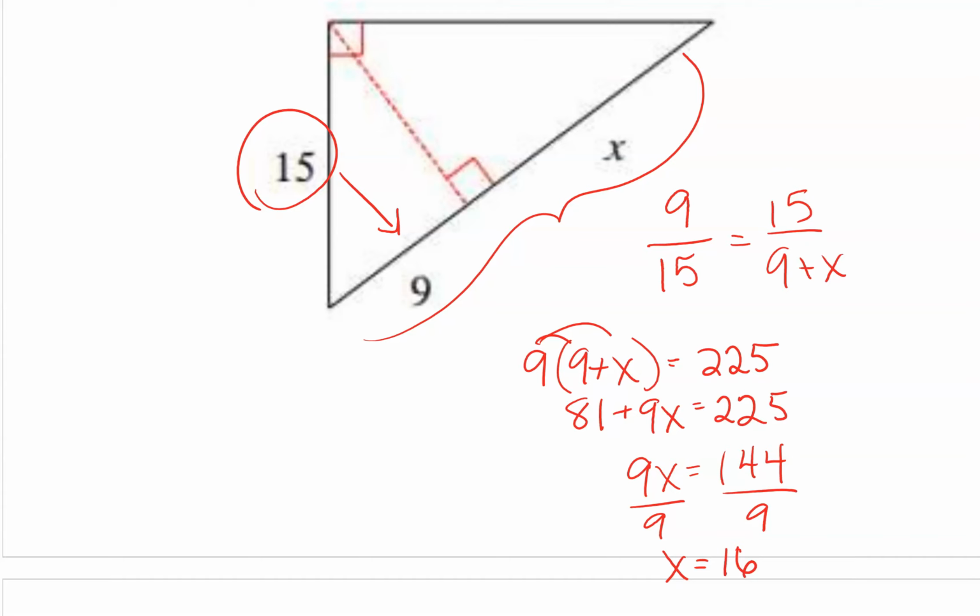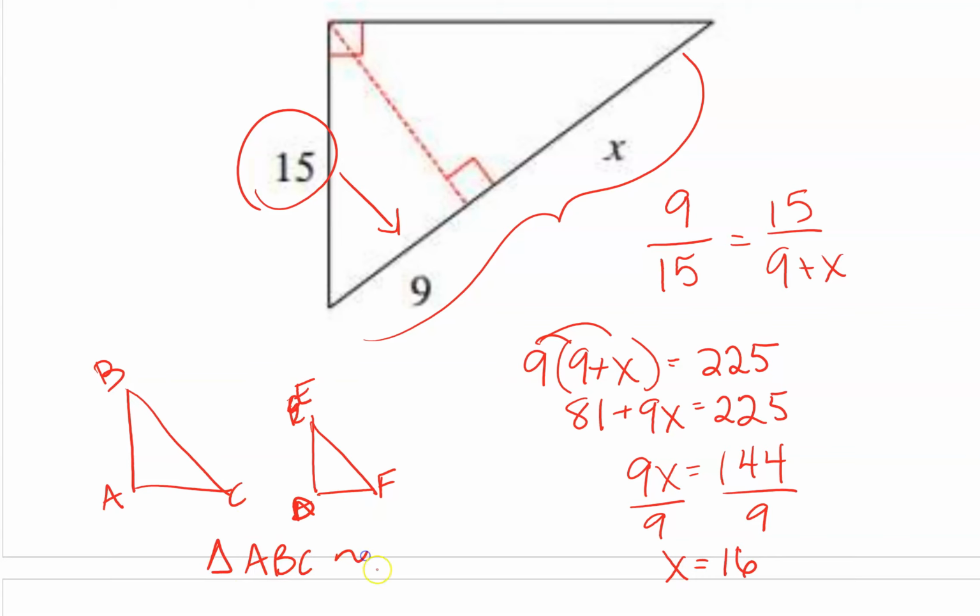So like if you had triangle A, B, C, and triangle D, E, F, the similarity statement says that ABC would be similar to DEF, right? That's a similarity statement. And I kept saying that. I meant to be saying the proportions that you would set up.